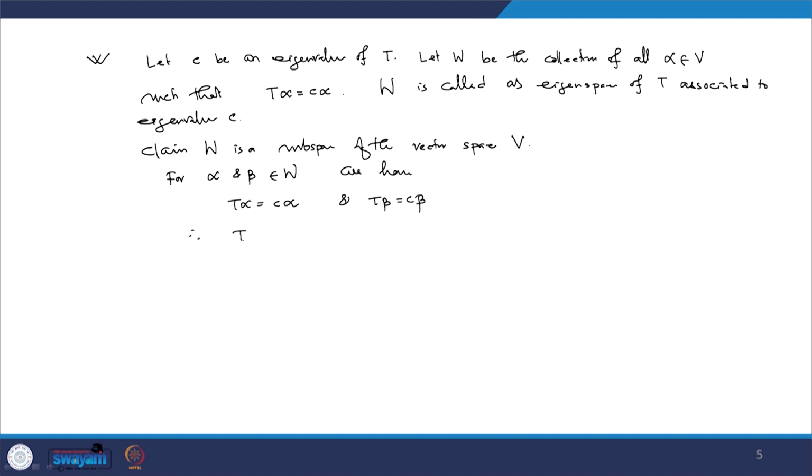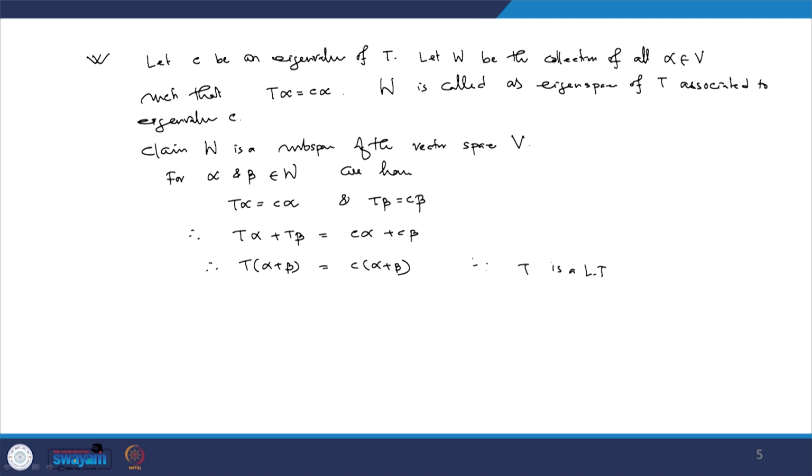T of alpha plus T of beta equals C of alpha plus C of beta. So, T of alpha plus beta equals C times alpha plus beta, since T is a linear transformation.